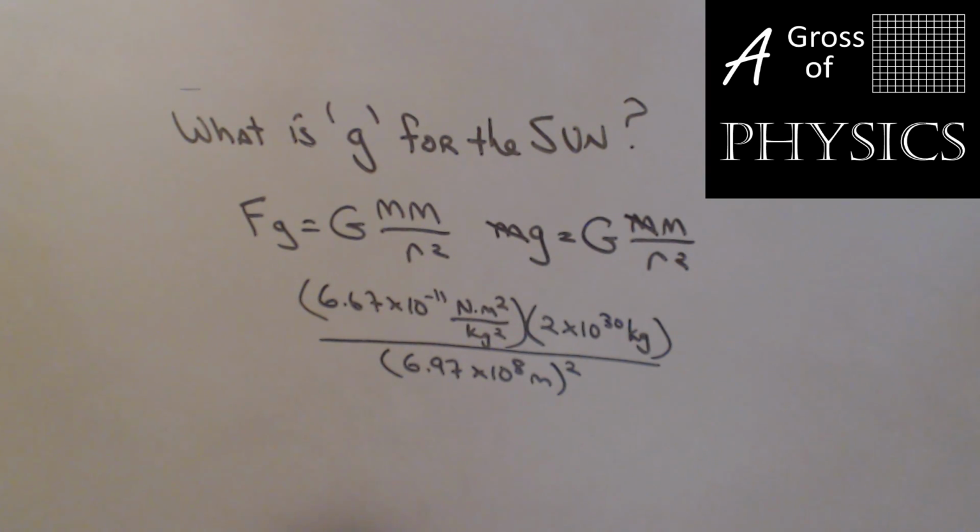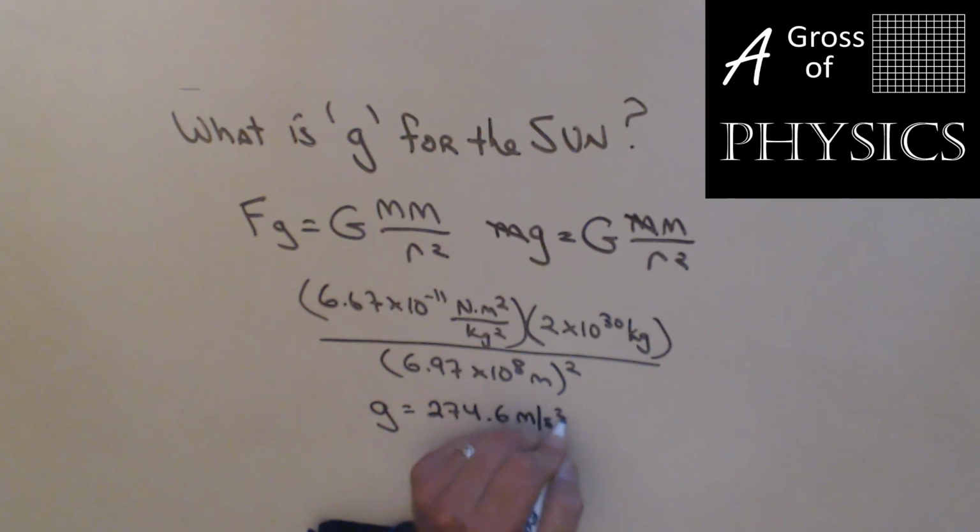So 6.67 e negative 11 times 2e30 divided by 6.97 e to the 8 squared. So g for the sun is 274.6 meters per second squared.